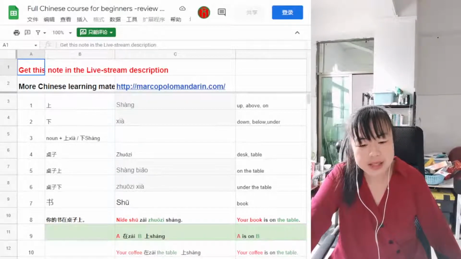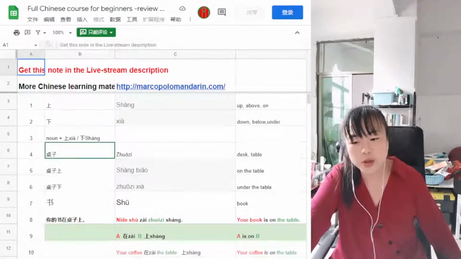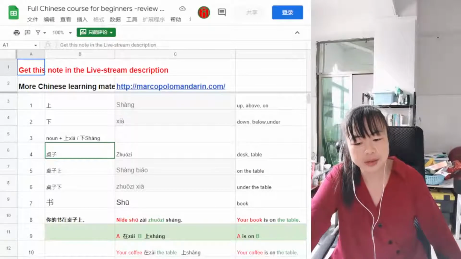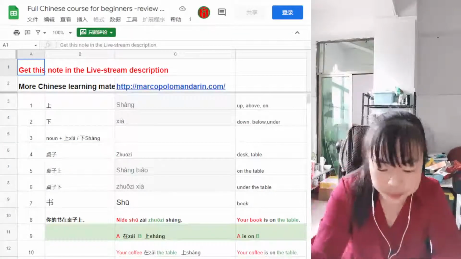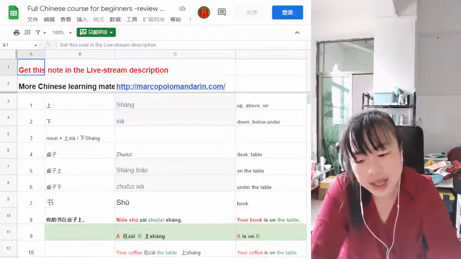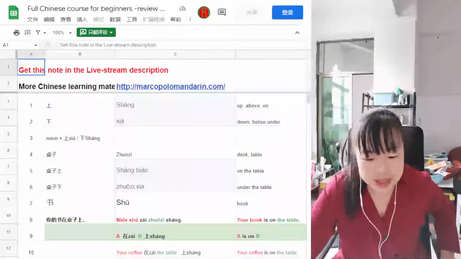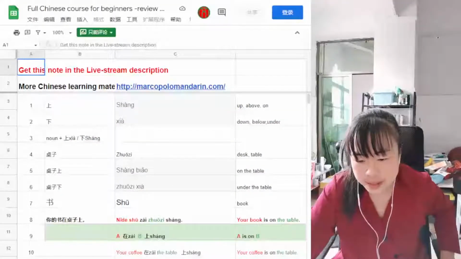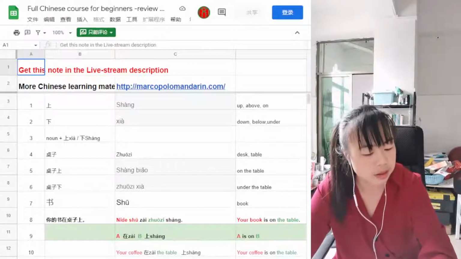Okay, now let's choose number 4, desk. 桌子, or table. Now try to say this sentence in Chinese: The table is in the restaurant. As I always mention, I won't tell you this sentence directly.